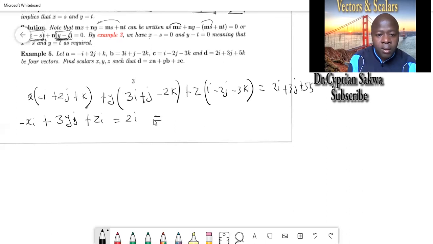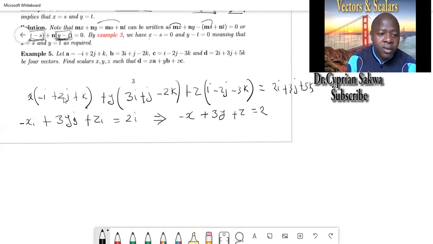Or I can do it without the i's. I can say this is the same as negative x plus 3y plus z equals 2.